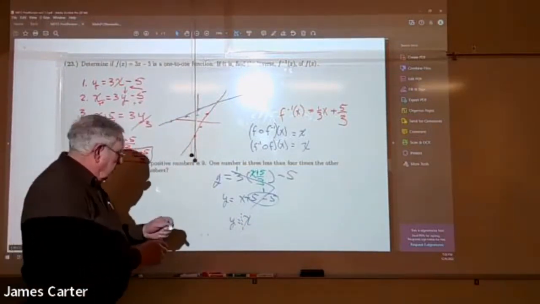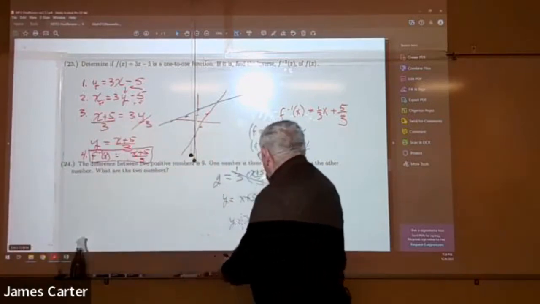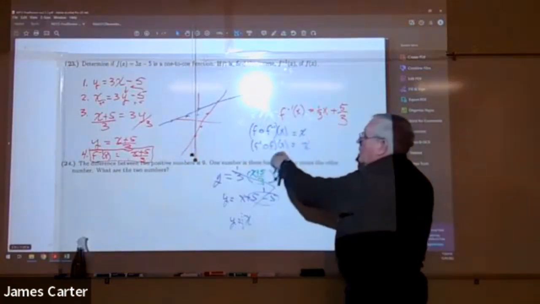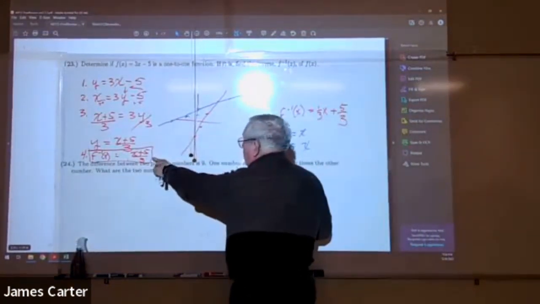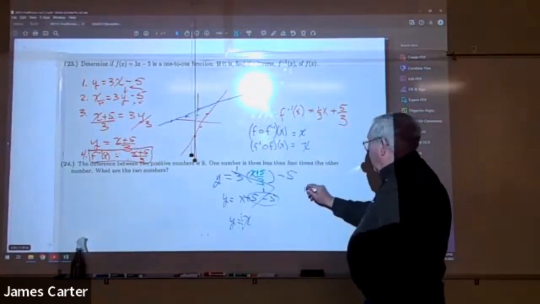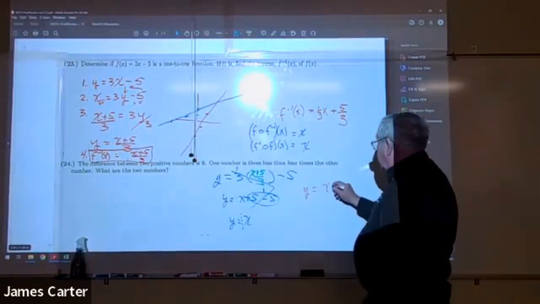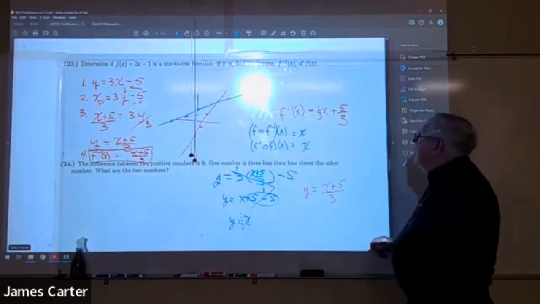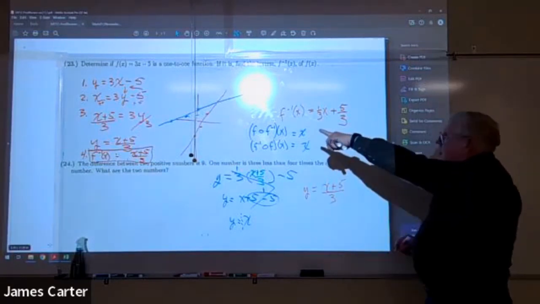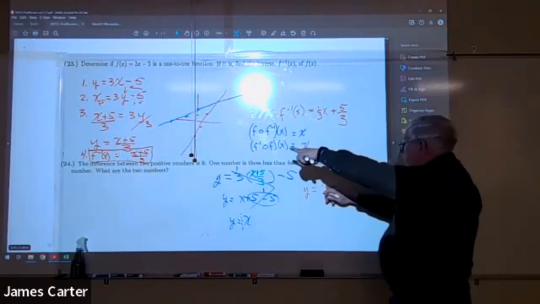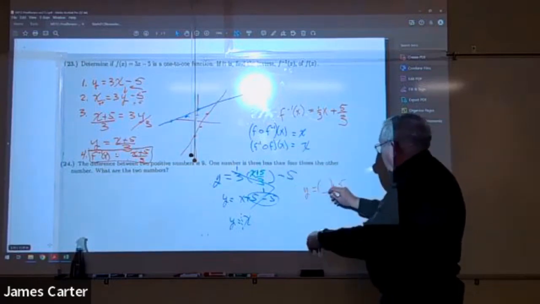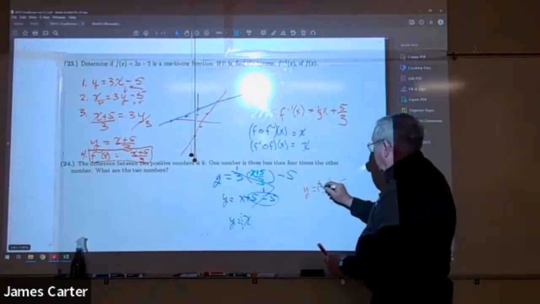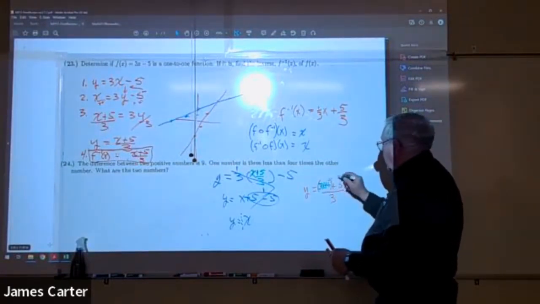Okay. The other way, we take this equation, which I prefer to use in this form. Y equals X plus 5/3. And we're going to replace the X with that other part. Like so.